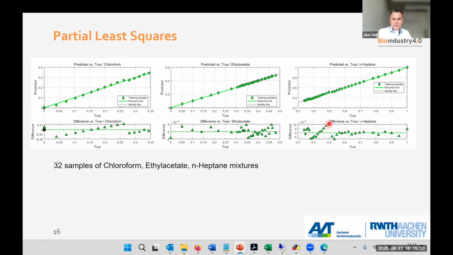So although the prediction is actually very good in this case, it's obviously also a simple system, you lose the physical rigor to the original data. And you need to do the whole thing again if you maybe change the instrument, etc. So that's what you need to be very careful with, because it's simply data driven.